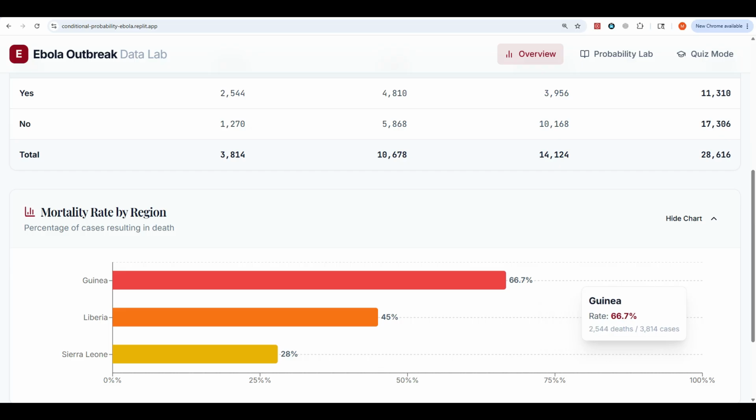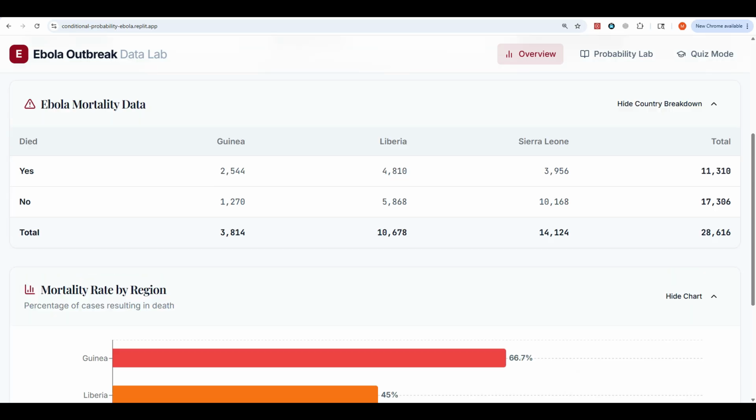This also spurs on conversations about public health and things about, I usually ask them, why would there be such different rates? And a lot of the responses have to do with things like, well, maybe certain countries spend more money on public health and infrastructure, and that all may be true. But we also talk about these large denominators up here in Sierra Leone and in Liberia, and a relatively small denominator in Guinea.